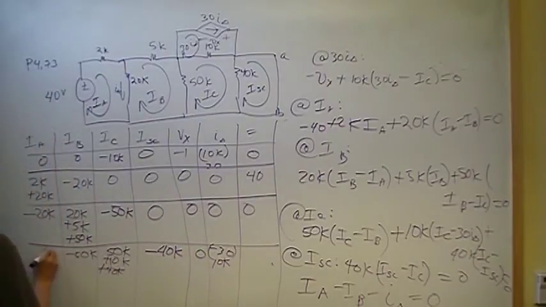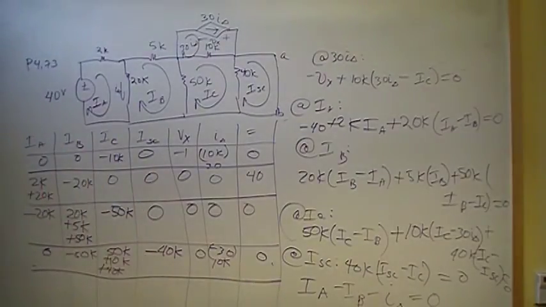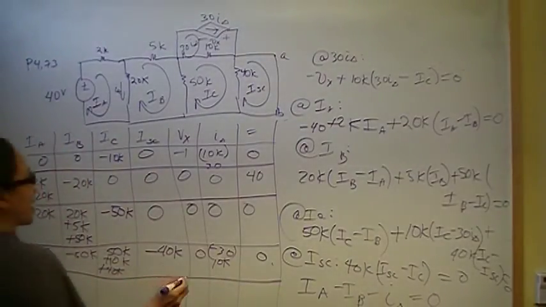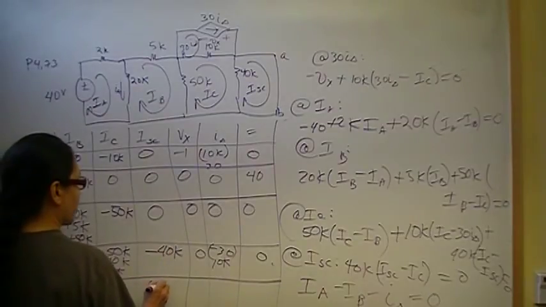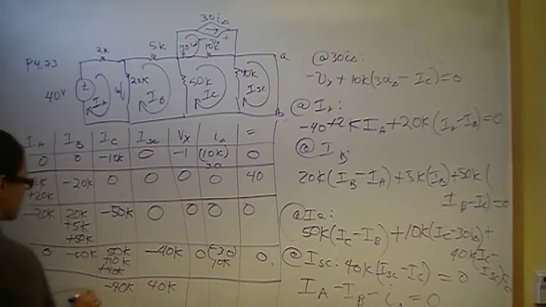Zeros everywhere else. And then at I short circuit we have 40k for I short circuit, and then -40k for IC. Zeros everywhere else.